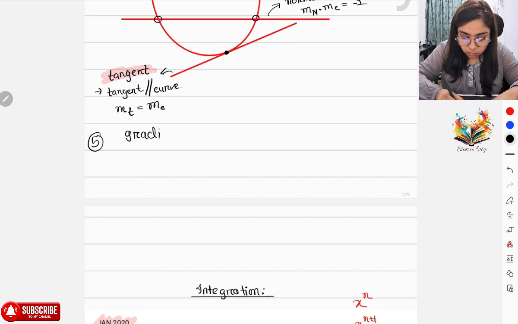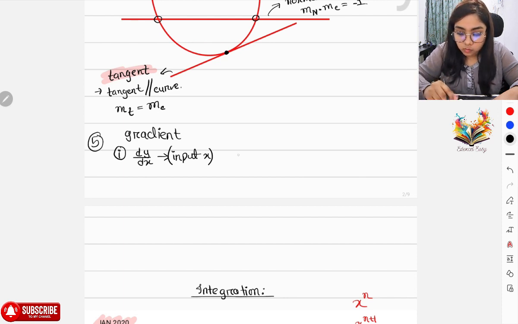In order to calculate gradient, we can do one of two procedures. The first one is dy by dx, and then input the value of x into this equation to get the gradient at that specific point. There is another format to calculate gradient that is specifically for a straight line.